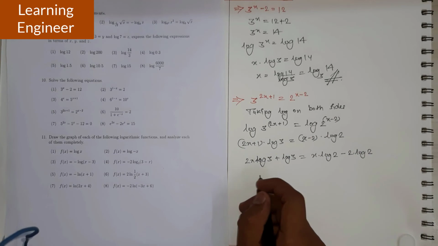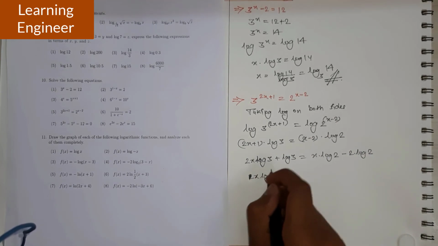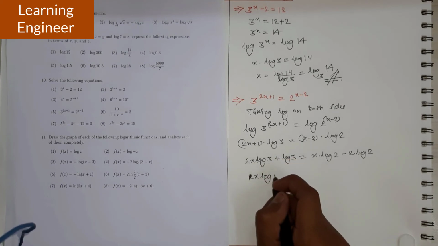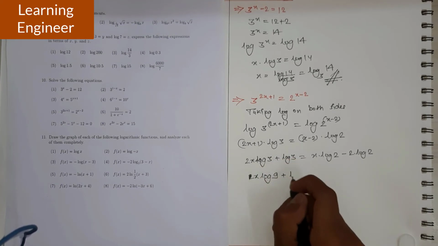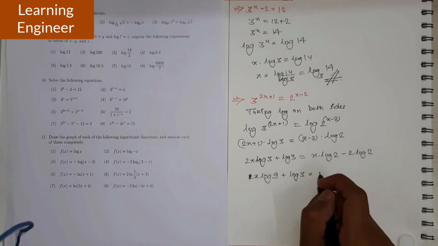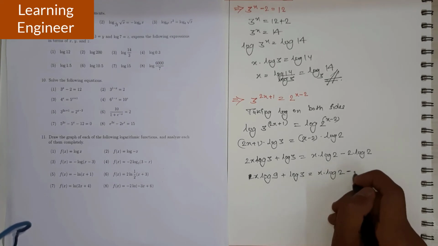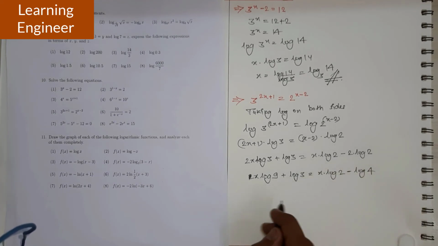So what we can write over here, 2x, and now 3 raised to 2 will become 9, plus log of 3. Now x into log 2 minus 2 log 2, which becomes log 4.